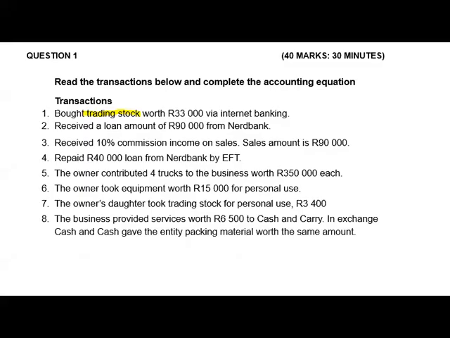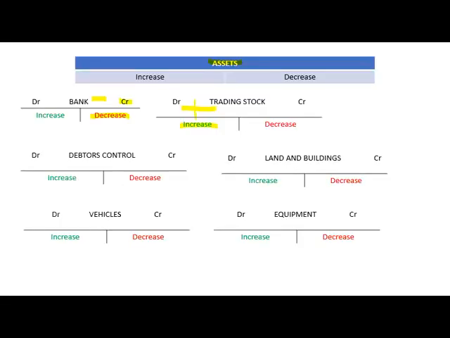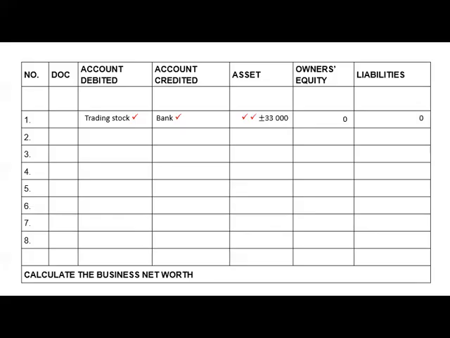What does it say? Received a loan amount of 90,000 from Nerd Bank. When we receive a loan, bank is going up because we are getting money. A loan means we are getting money. Okay. So bank is going up and bank is an asset. And I am going to debit bank because it's an asset.